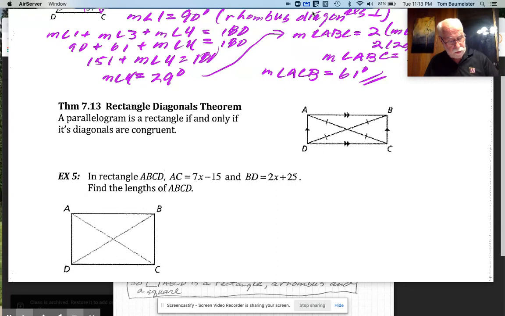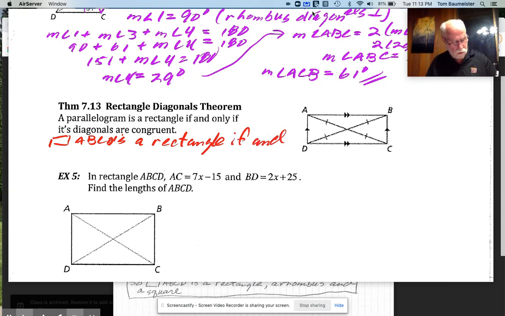So what that one is stating here is parallelogram ABCD is a rectangle if and only if the diagonals here, diagonal AC is congruent to diagonal BD.